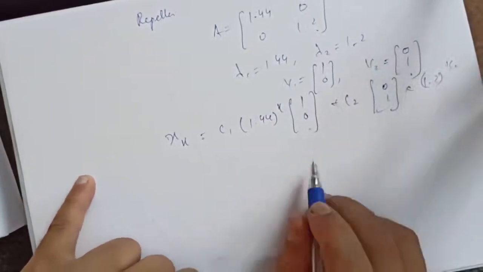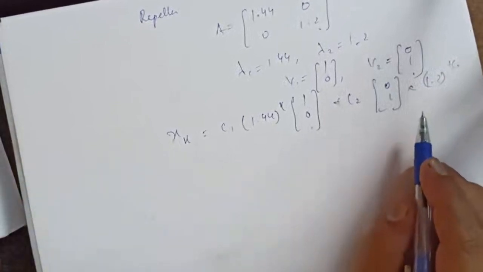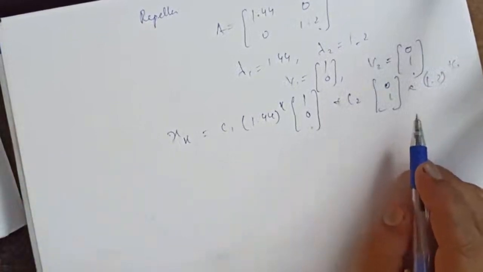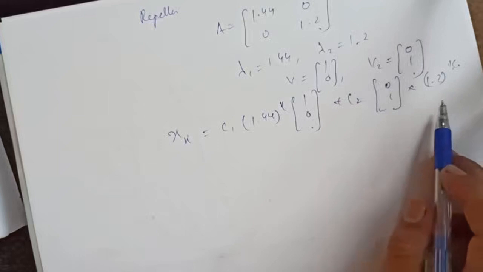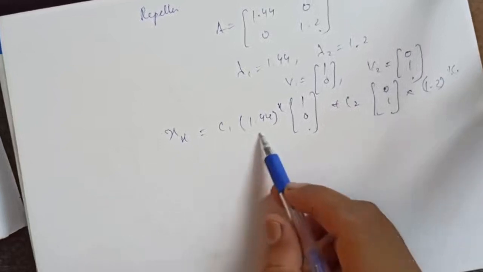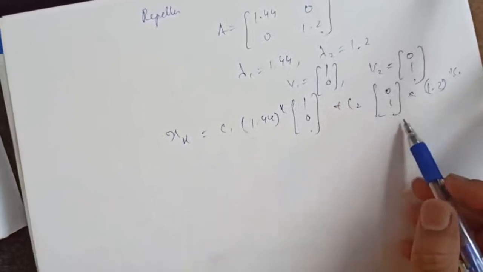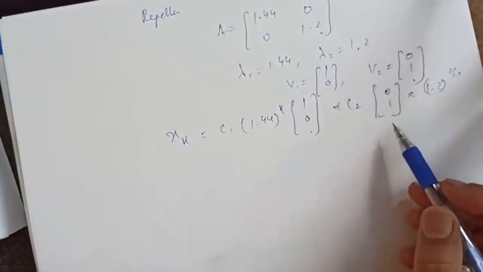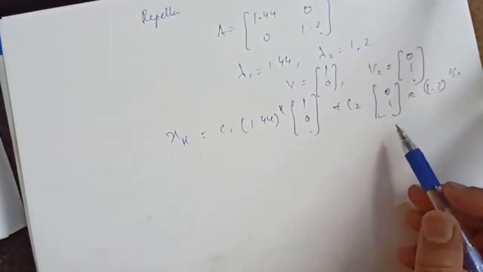Again, as k approaches infinity, starting from any initial point, as k approaches a large value, these values become quite large, and effectively this system will move away from the origin.